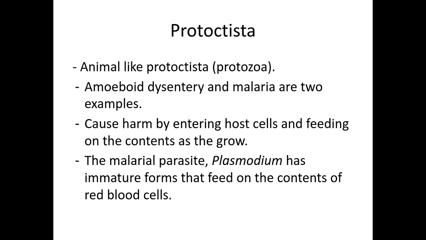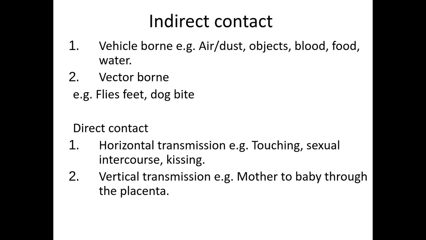So Plasmodium is actually the name of the protoctista that invades your red blood cells, which makes you ill, and it's carried by the vector of a mosquito, which is where people get confused. It's actually caused by Plasmodium, which is the protoctista, but it's carried by the vector Anopheles, which is the female mosquito.